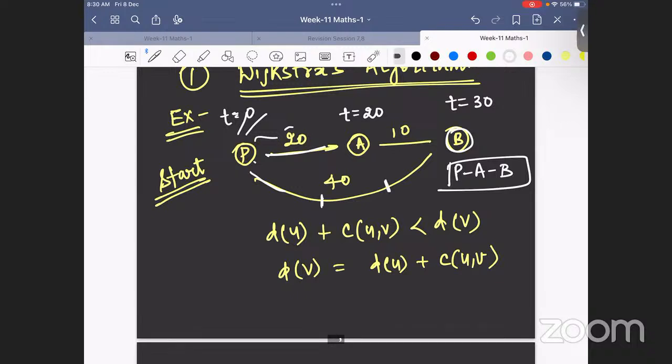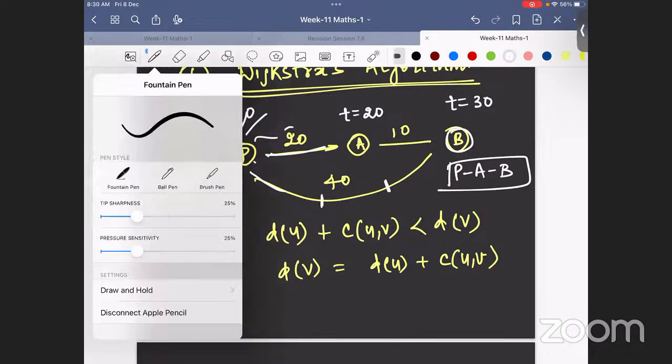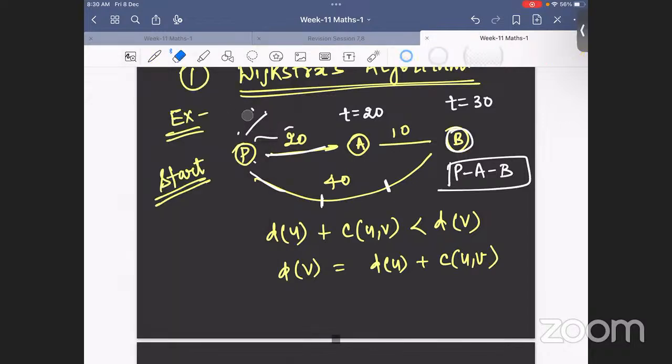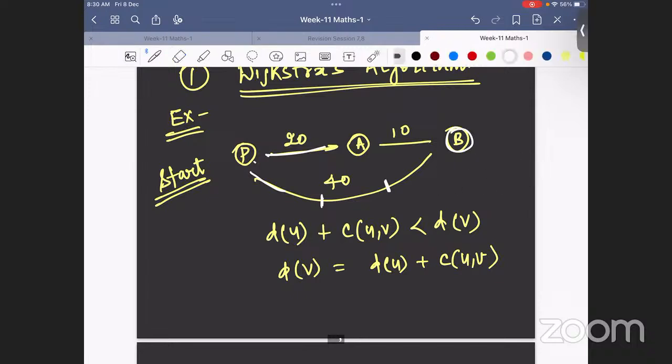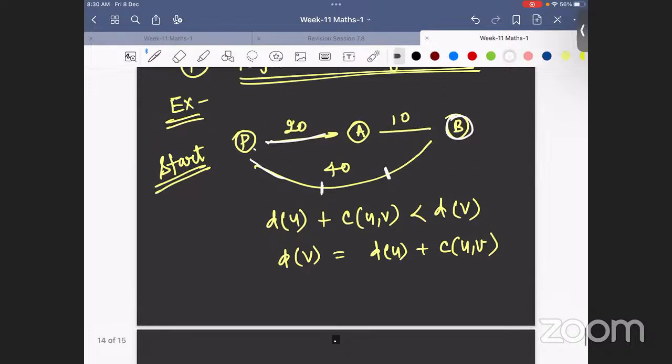In the Dijkstra algorithm, you basically start by thinking that it takes infinite time to reach each place.